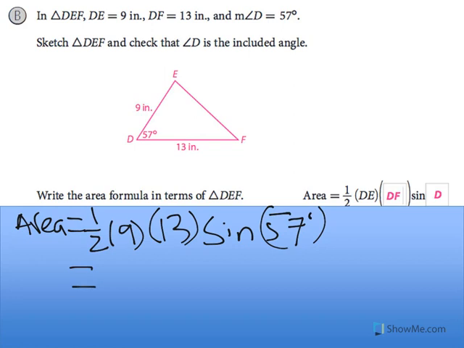And from there, everything is going to be on your calculator. Okay, so this gives us 4.9, and in terms of area, it's inches squared.